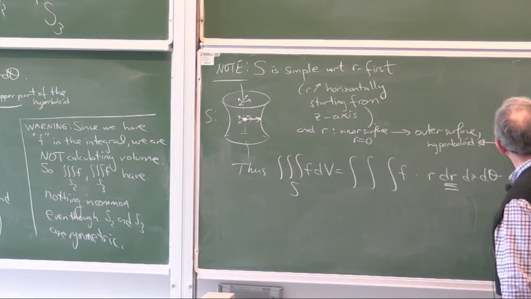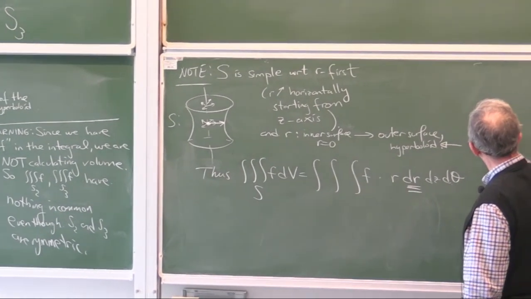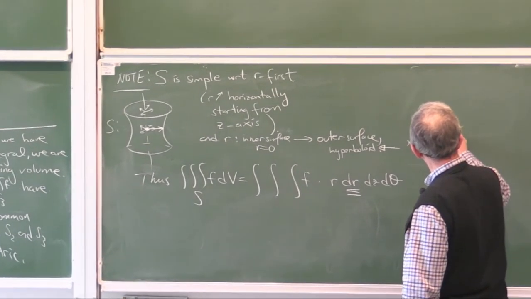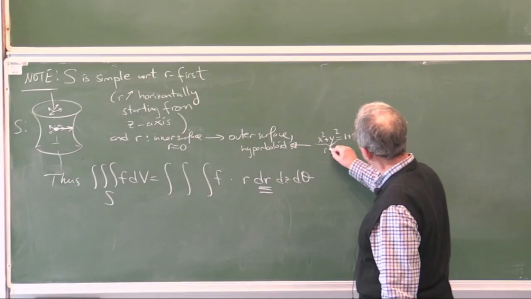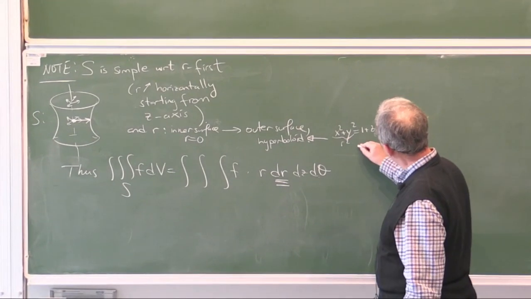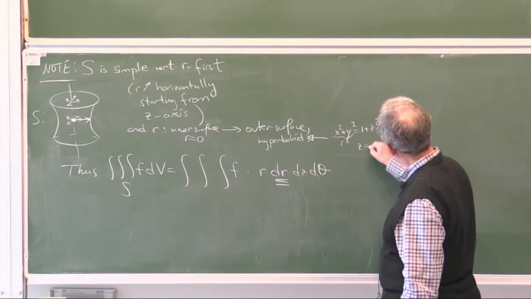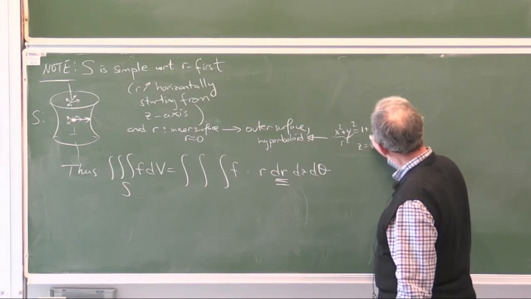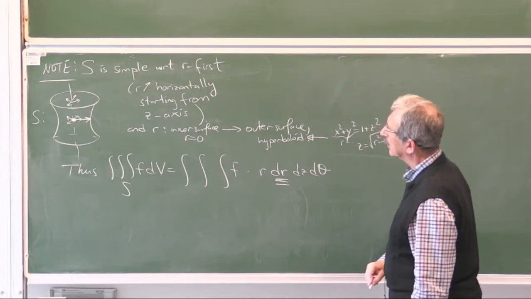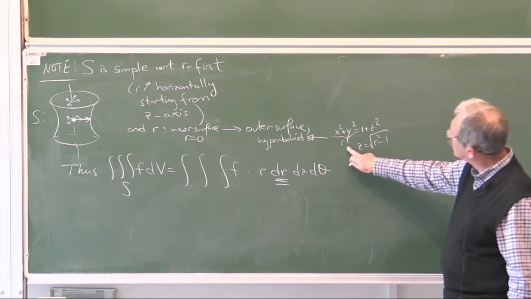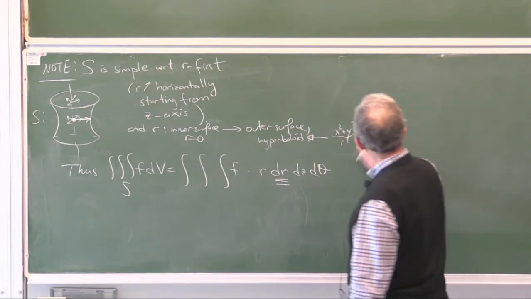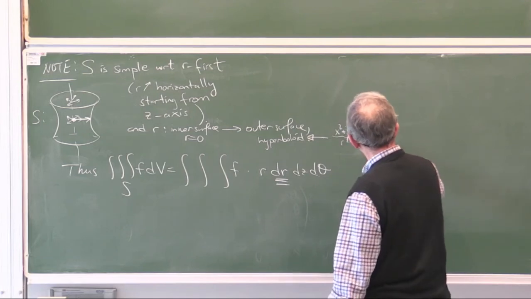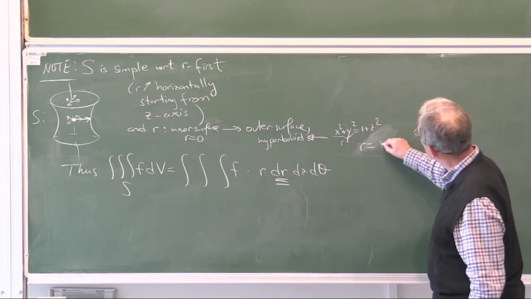Remember, it was x squared plus y squared equal to 1 plus z squared. Now, this was r squared. So I want r: r would be square root of 1 plus z squared.